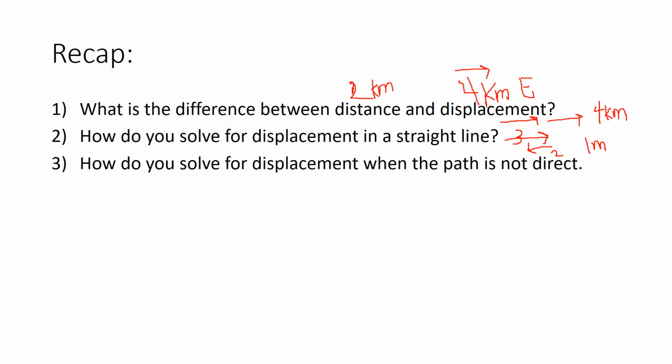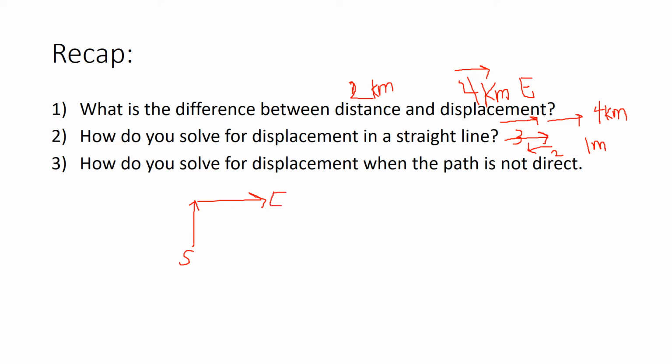Okay, the last one, how do you solve for displacement when the path is not direct, but it forms a right angle? Say we traveled north, and then say we traveled west, okay?